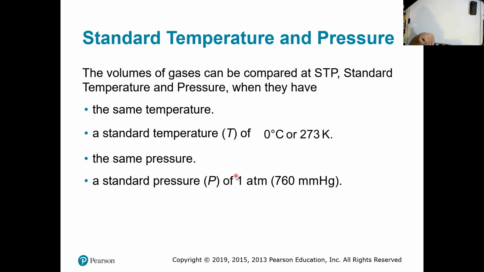If you think back to the beginning, when we looked at that list of all the pressures, all the numbers that were equal to 1 atmosphere, any of those would be considered the standard pressure as well. So like 1 atmosphere, 760 millimeters of mercury. But the standard pressure has to be something that's equal to 1 atmosphere. The standard temperature has to be something that's equal to 0 degrees Celsius.